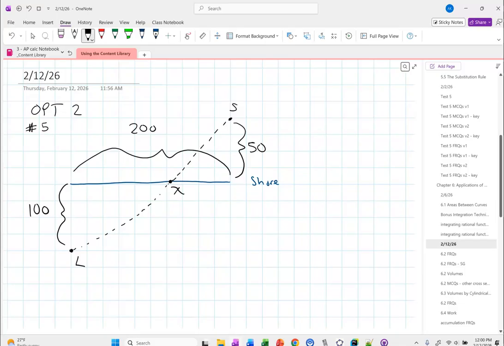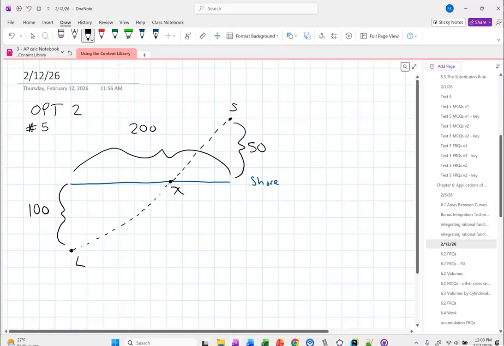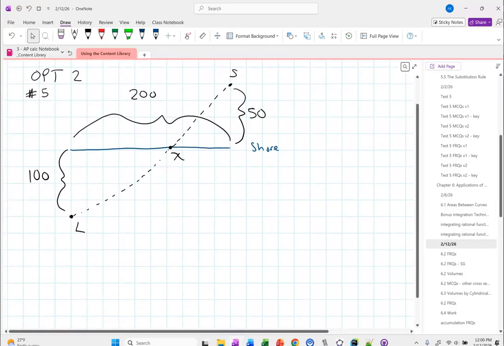So the question asks us to optimize what quantity? What are we trying to minimize or maximize? Minimize the time taken. Good, minimize our total time, right?